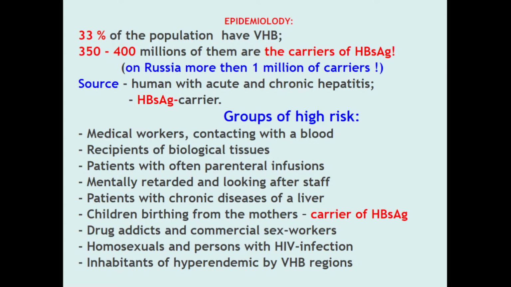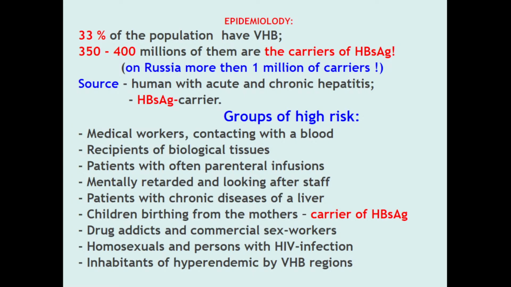Epidemiology. 33% of the population have hepatitis B virus. 350-400 million of them are carriers of HBS antigen. In Russia, more than 1 million carriers. Source: human with acute and chronic hepatitis, HBS antigen carrier.